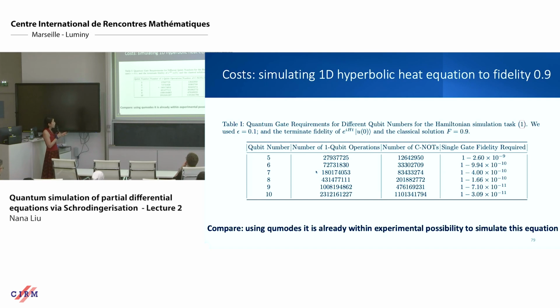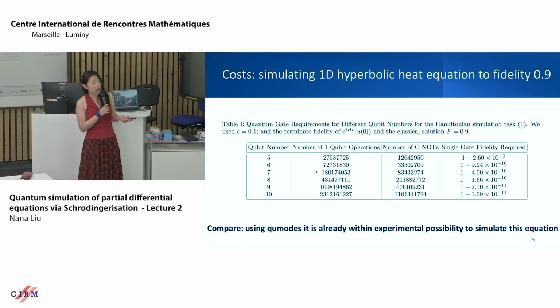Now for the one-dimensional hyperbolic heat equation, we mentioned that we have experiments running right now that we hope to simulate with superconducting systems. But if you want to simulate to 0.9 fidelity with qubit-based systems using the discretization schemes, these are the numbers you need.